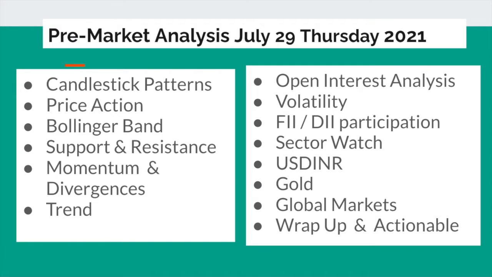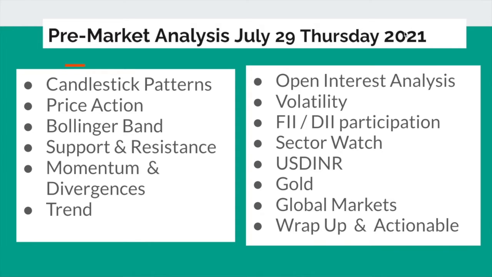As usual, we would be analyzing it based on the parameters listed on the left side, which would be looking at the charts, and additional things listed on the right side, which would be based on the open interest data, the volatility, the global markets, the commodities market, the different sectors' performance, and the foreign institutional data, and we'll wrap up and come out with some actionables. So that's the structure of the show.